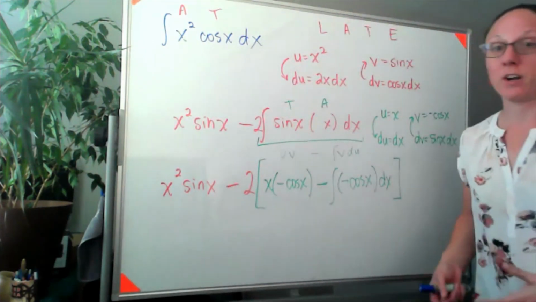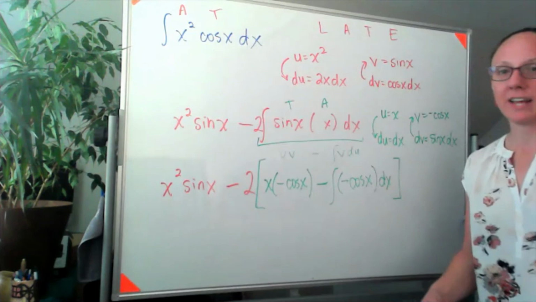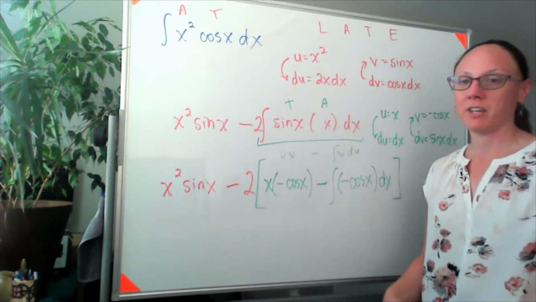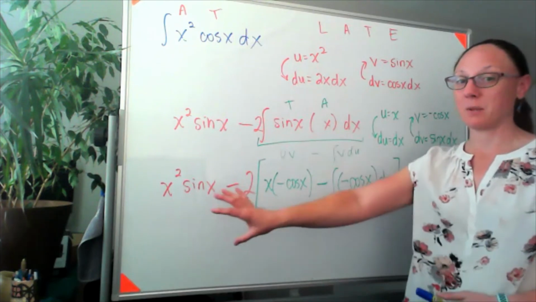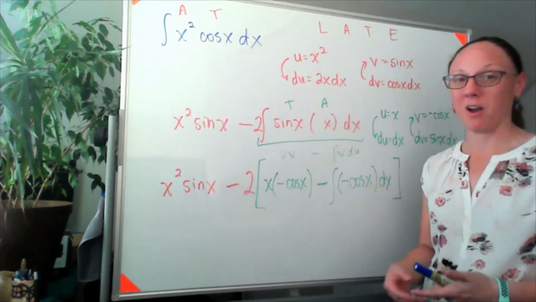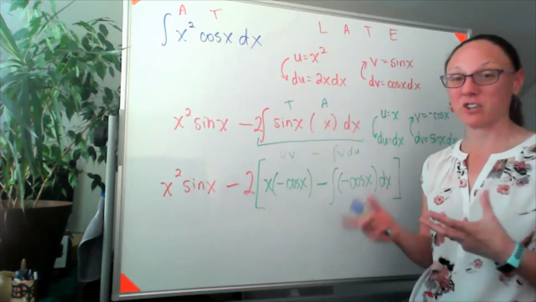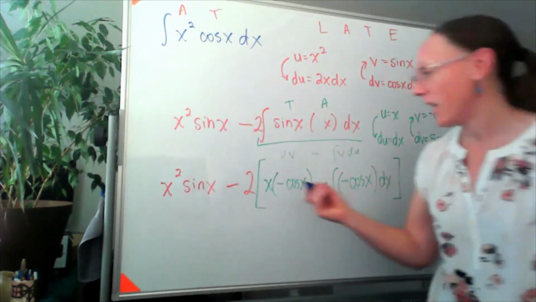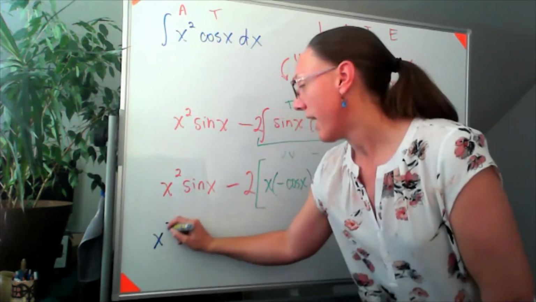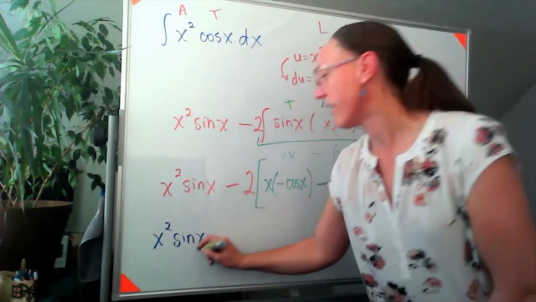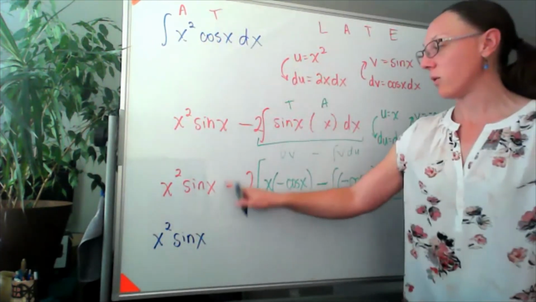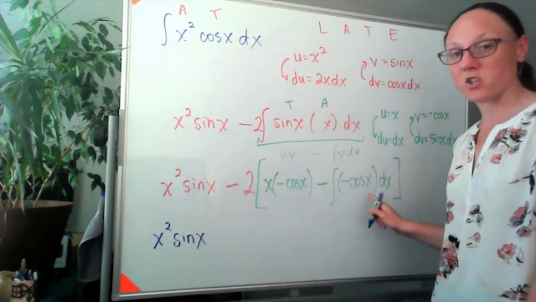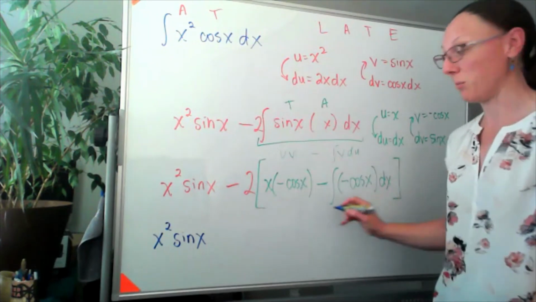I mentioned before, and now is the time to utilize it. Before we move on to find an antiderivative, it's super useful to simplify this out as much as we possibly can, especially trying to keep track of all those minus signs. So I've got x squared sine of x. And now this negative 2, I'm going to go ahead and distribute it into my first piece and my second piece.